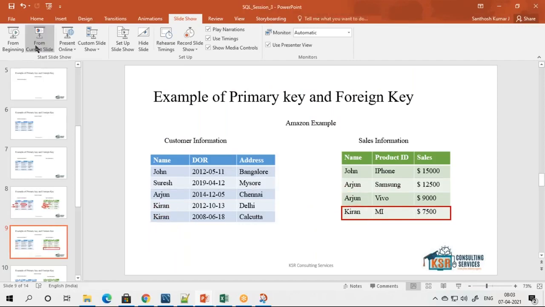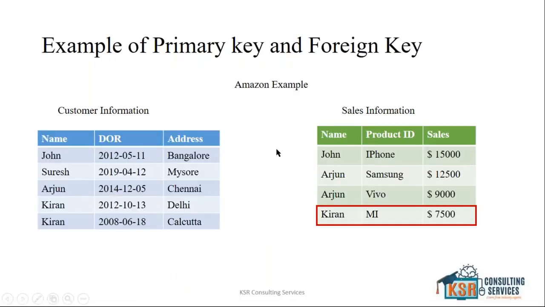Now it's because of only one Arjun here, two Arjuns. Now the assumption is that only the customers who are registered can undergo sales. If that is not the case, then there may be more than one Arjun, that is, two different Arjuns may be possible in sales information, right?